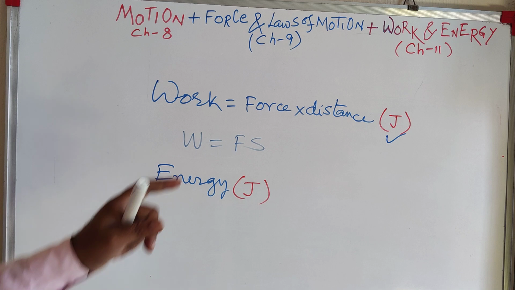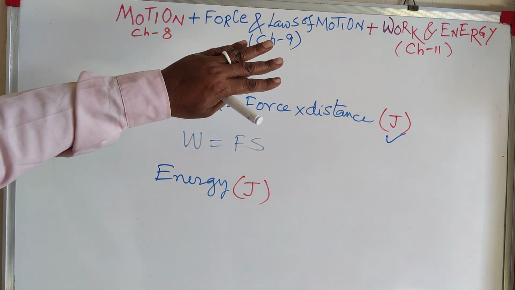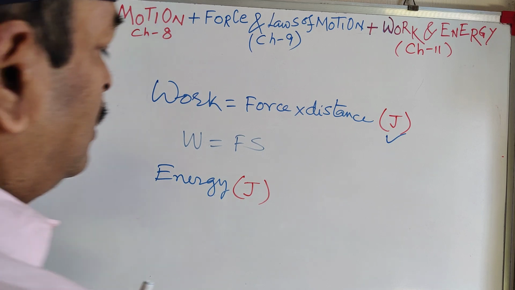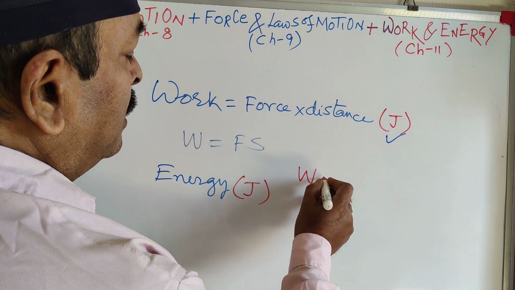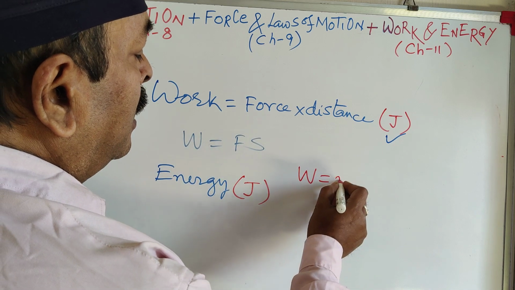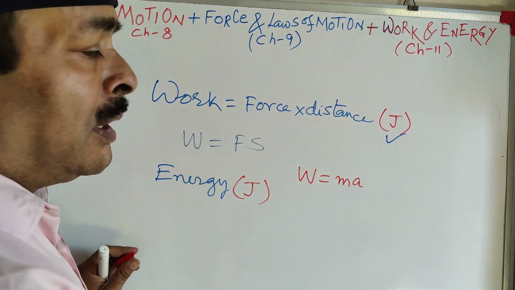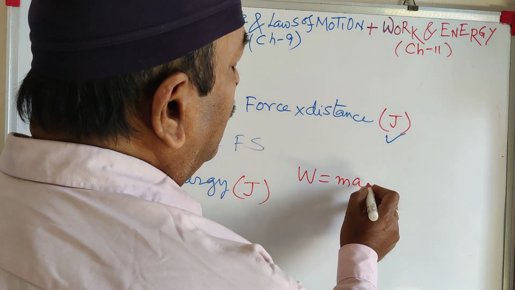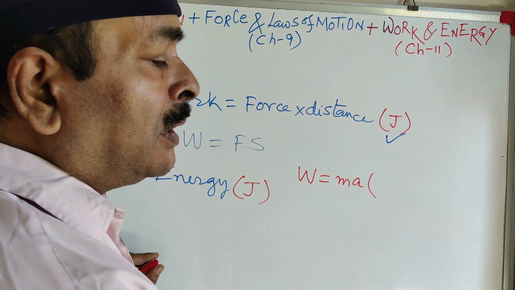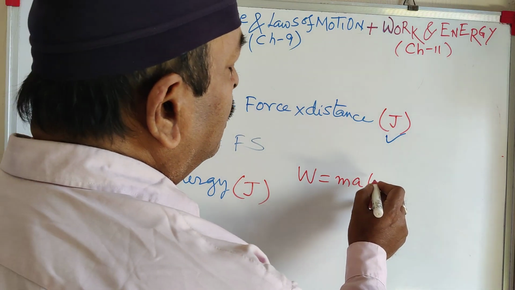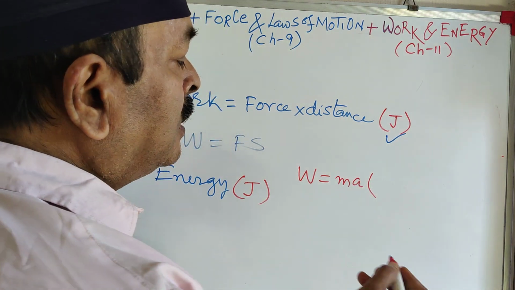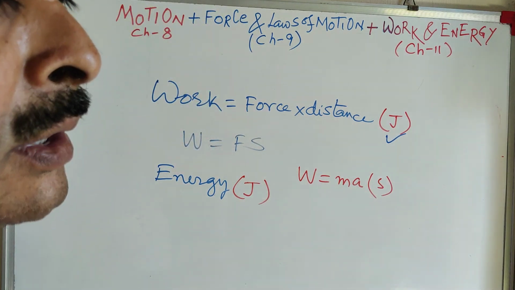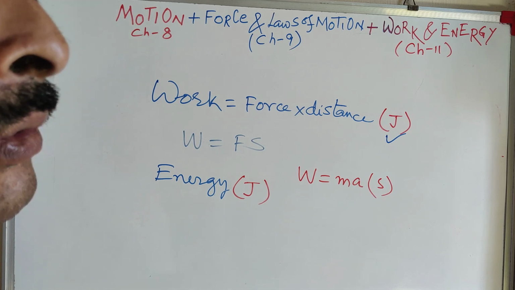So if we make the link with the previous chapter, work is equal to, instead of F, we can write M into A, mass into acceleration. And for distance, there are so many formulas: S equal to ut plus half at square, or if it is uniform motion, S equal to Vt, whatever it may be.